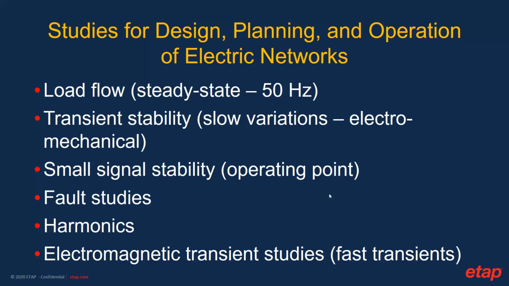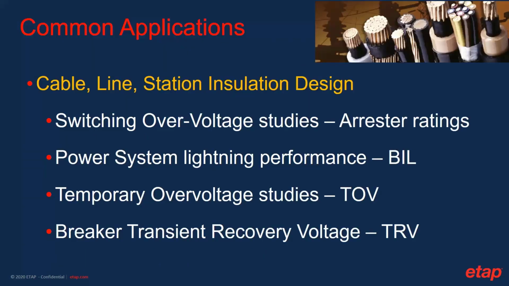So let us look at some common applications of electromagnetic transient studies. The so-called fast transients, insulation coordination. Analysis of fast transients for insulation coordination is a very common application of EMT simulations. Some examples are when you switch long transmission lines or cables, that would result in fast, high frequency overvoltage transients.